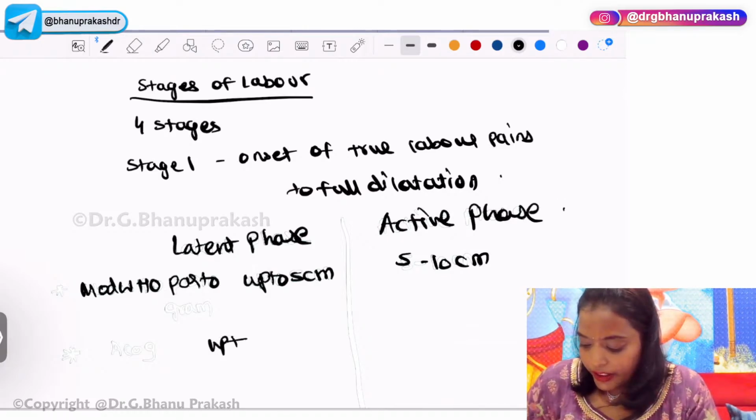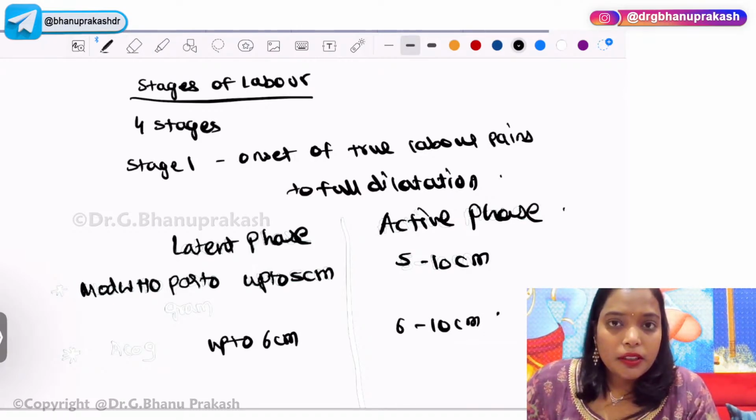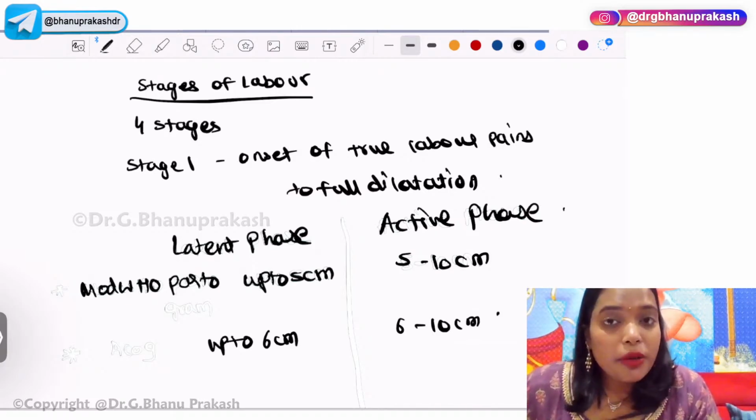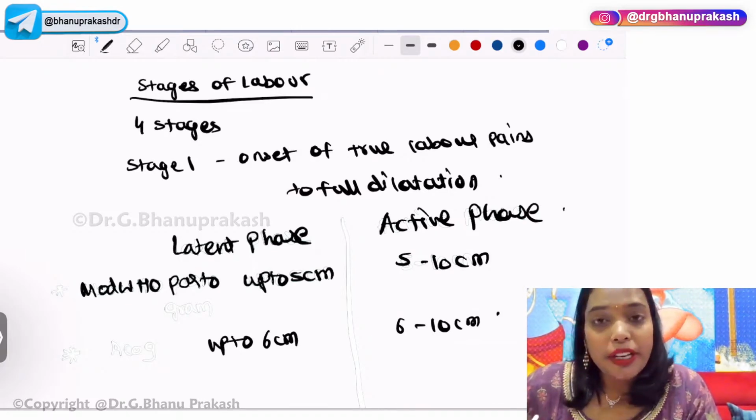ACOG tells latent phase is up to 6 centimeters and active phase is 6 to 10 centimeters. Am I clear? In the exam, you're going to consider active phase from 5 to 10 centimeters.